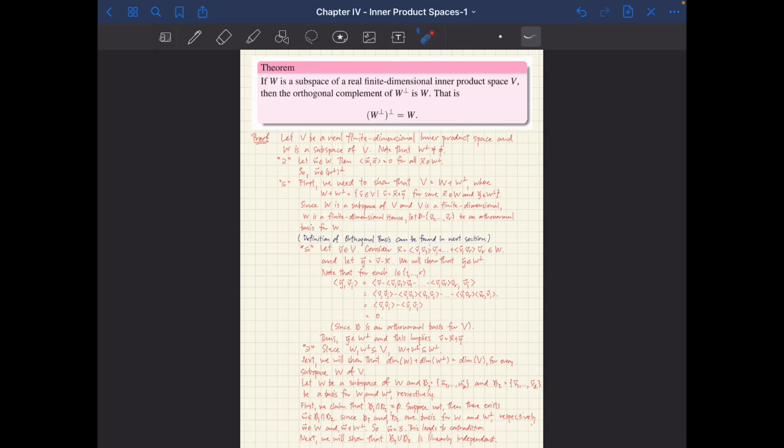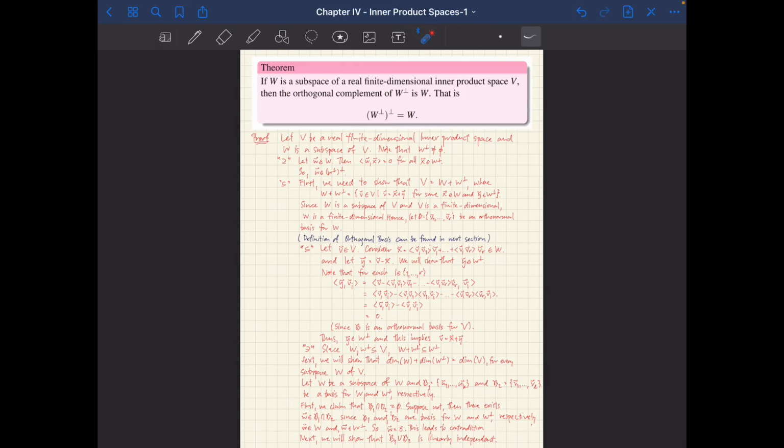Why do we have this? Because if we have w, we also have W perp. So that's why we can show that w is an element of W perp perp.